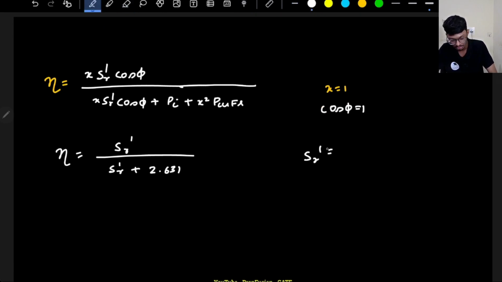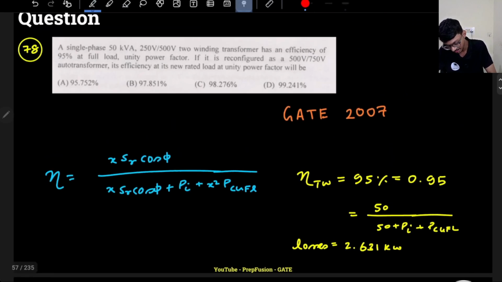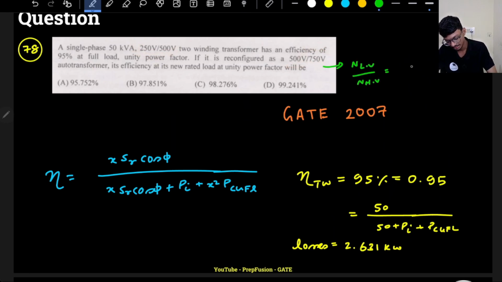SR dash will be the new transformer rating. If I see, they are connected in additive polarity. So these two voltages are added here and the LV winding is there, 500 volts. Since they are connected in additive polarity, I can use the formula. NLV upon NHV is 10 divided by 15, or 2 divided by 3.